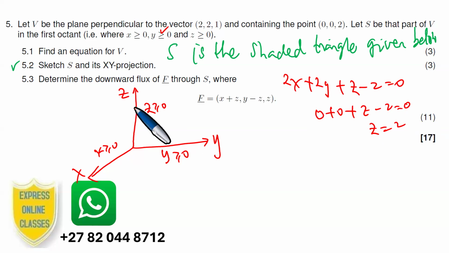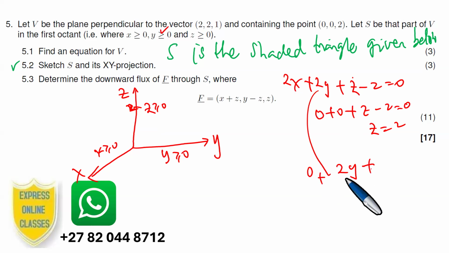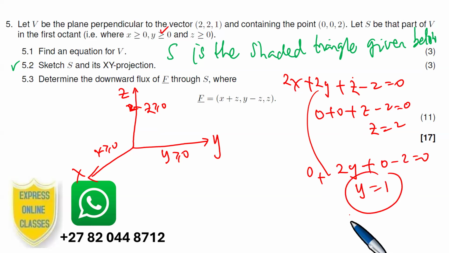Now another situation, where x is 0 and z is 0: 2 times 0 plus 2y plus 0 minus 2 equals 0, which means y is equal to 1.